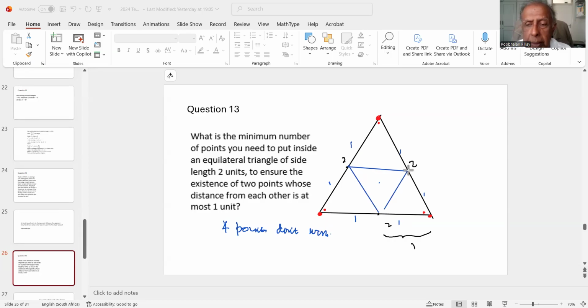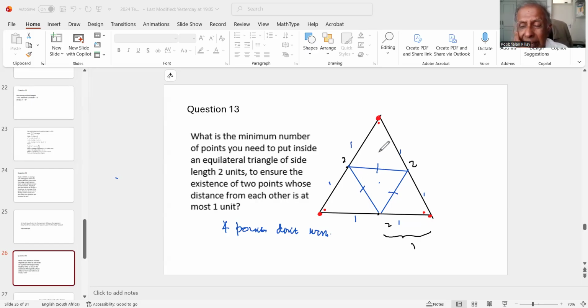Now, when you take the midpoints here, 1, 1, 1, you will see I got 60 degrees. So all these become equilateral triangles. It's easy to show that because this is 60 degrees, you see, and you got an isosceles triangle. So all these are all one. Okay.